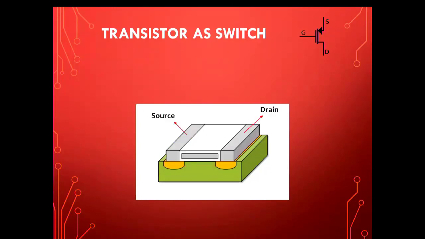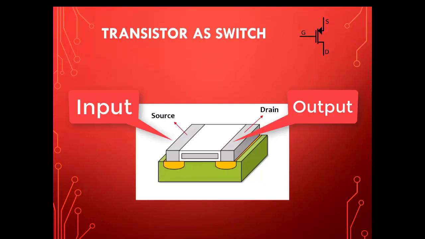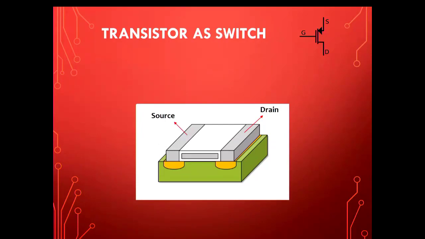In order to open up this conductive channel, we basically need a source and a drain. So in the middle is your gate, this is your source, and this is the drain. You can think of source and drain as input and output. So this is your input and this is your output. When you apply an external voltage to the source, it will not travel from this yellow region to this yellow region unless the gate is energized.